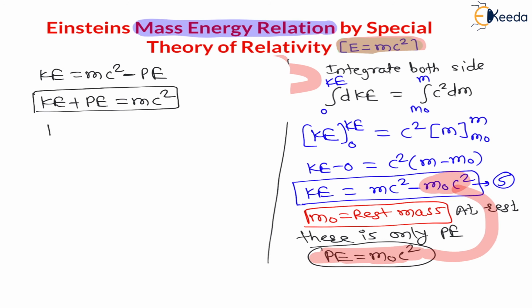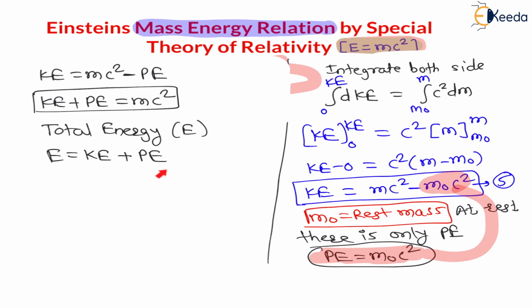And my dear students, the total energy, which is represented by E, is always the summation of all the forms of energy, and here the forms of energy are kinetic energy and potential energy, motion and rest, which is nothing but mc square.